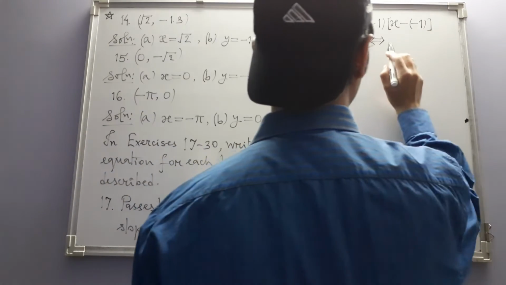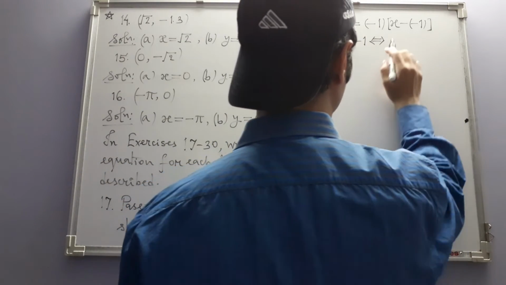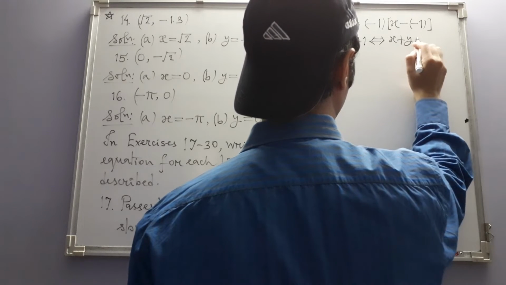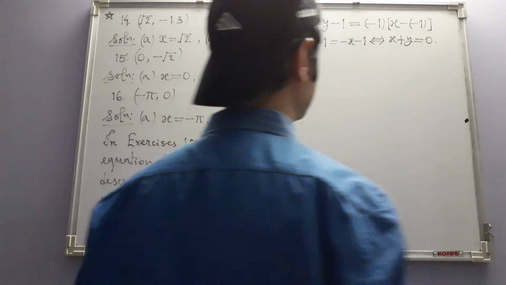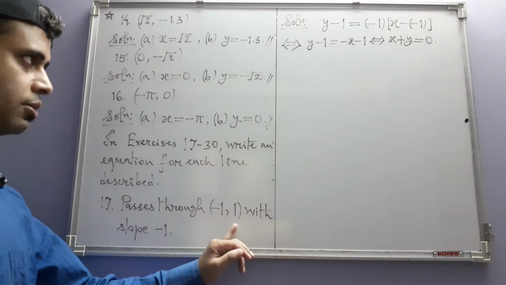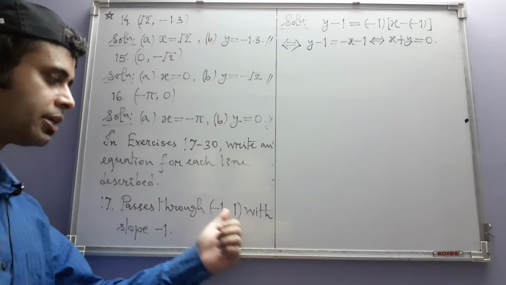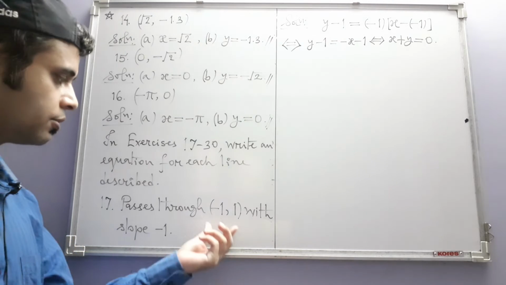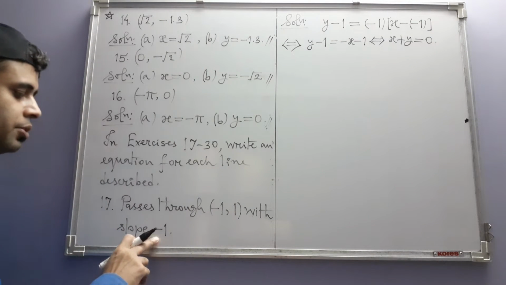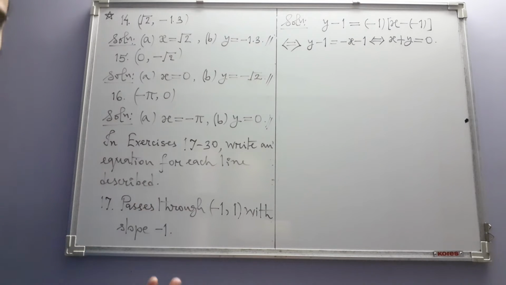That means -1 and -1, they cancel each other and we have x plus y equal to 0. This line passes through -1, 1 clearly, because if you add -1 and 1 you get 0. So this point is on the line, and also it has slope -1 because y is equal to -x.